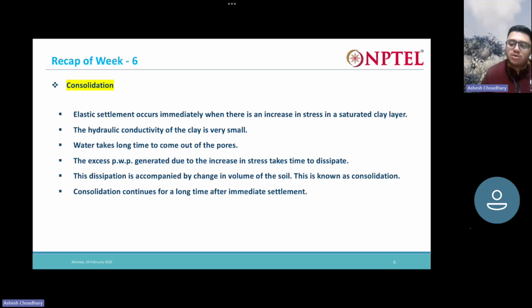Elastic settlement occurs immediately as soon as you apply the stress or the load to the soil. This elastic settlement is due to the increase in the stress in the saturated clay layer.